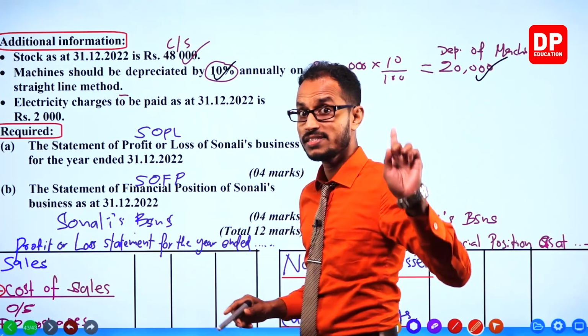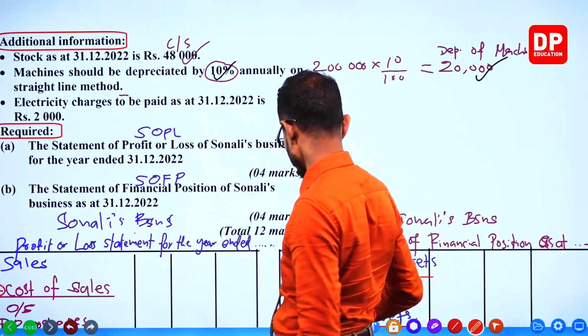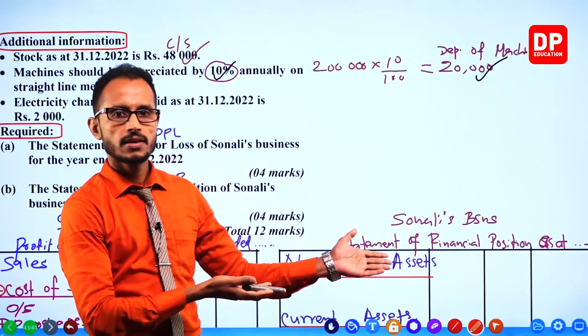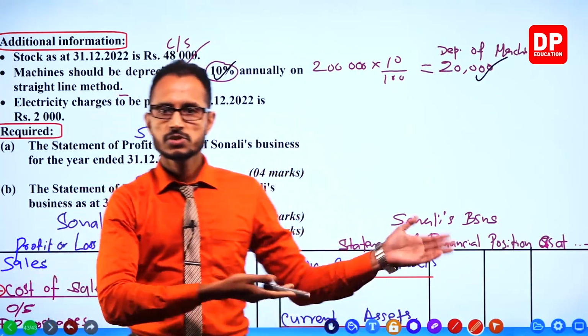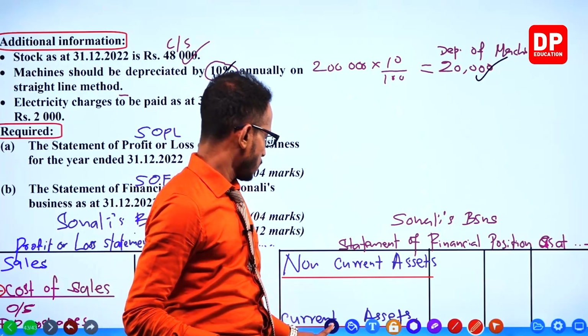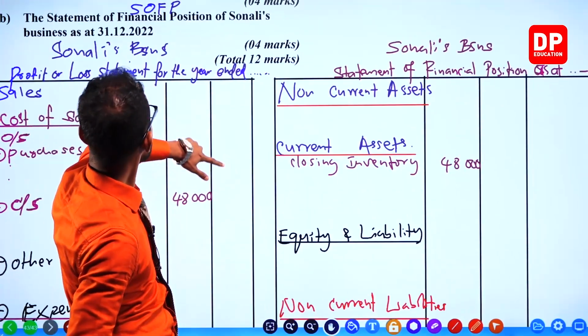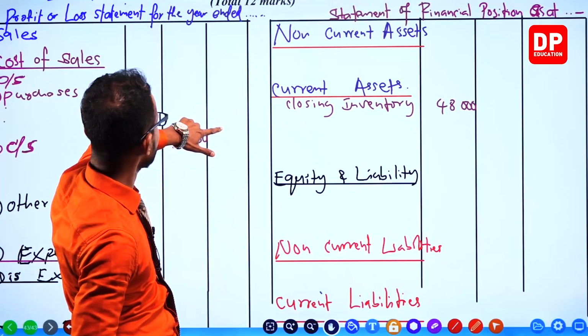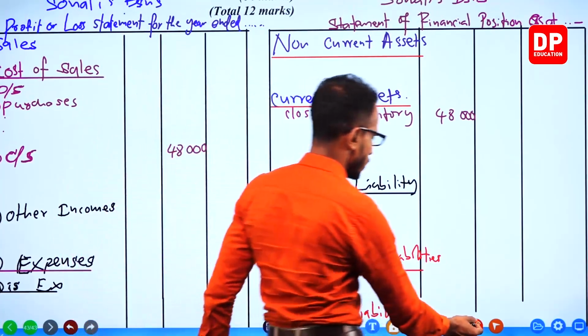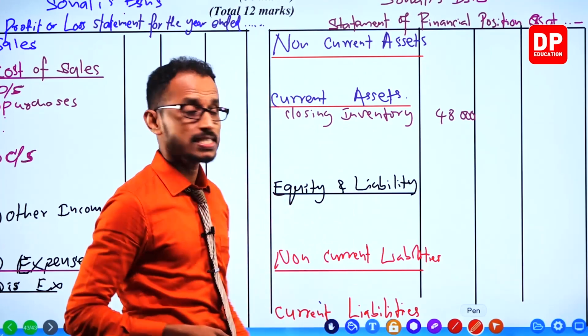But only in one statement. What about the SOFP? What about this side? You should put it to both sides, right? Machinery depreciation is actually a part of non-current assets.